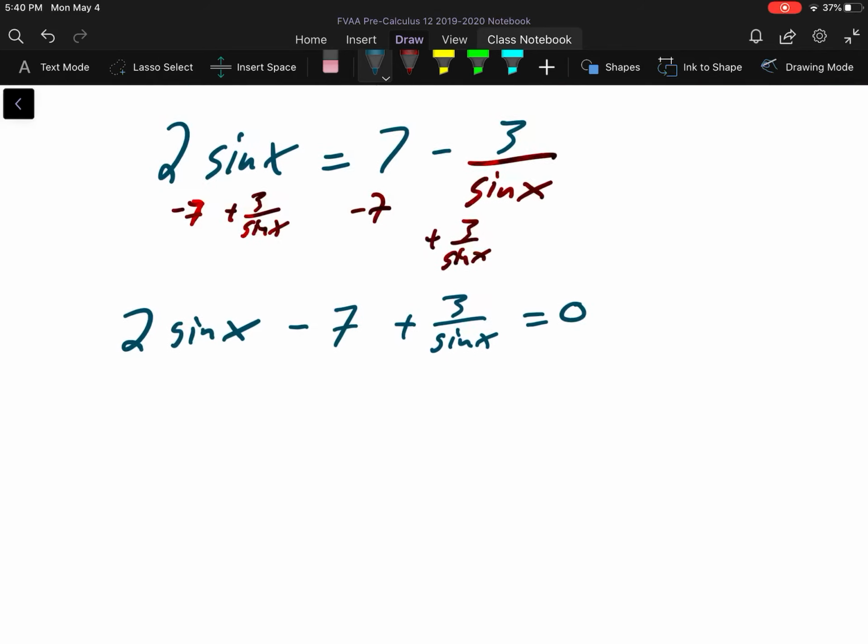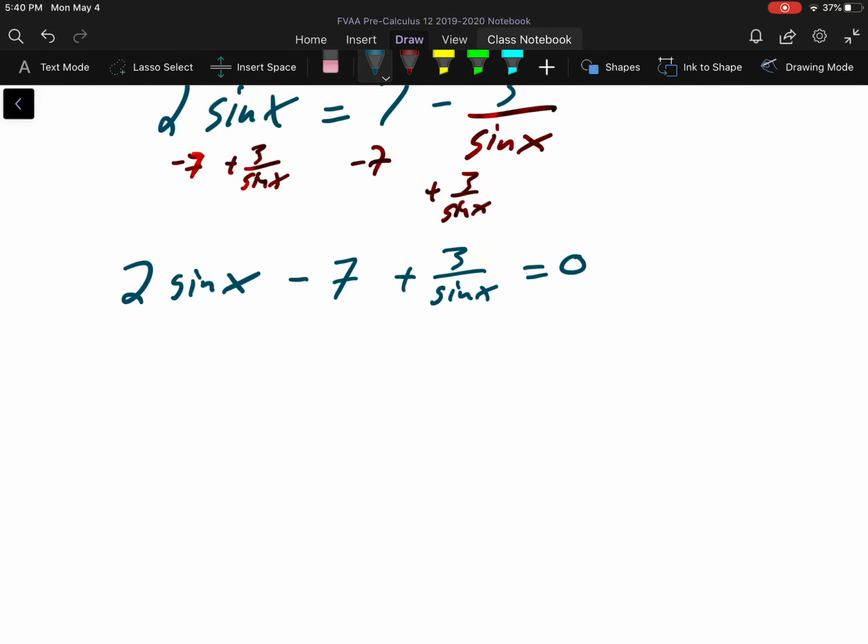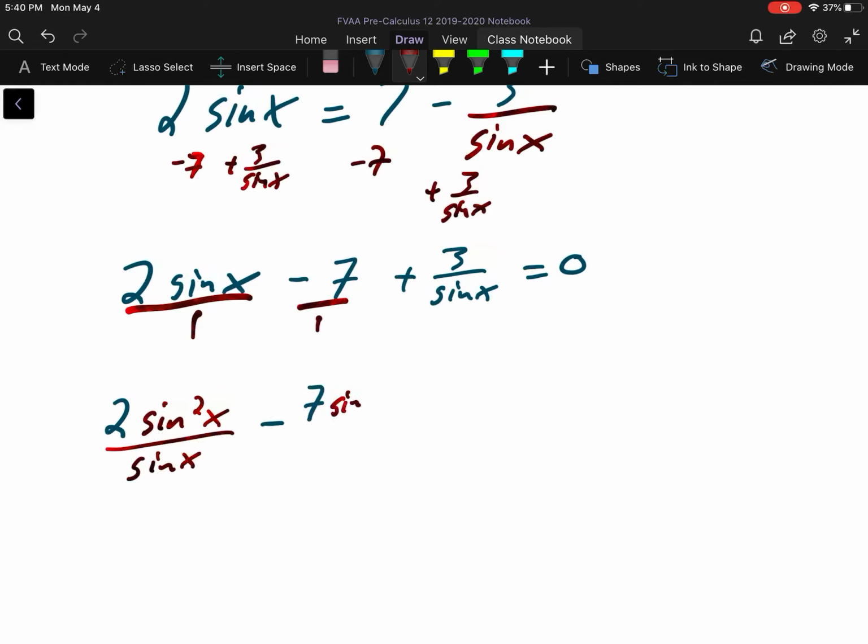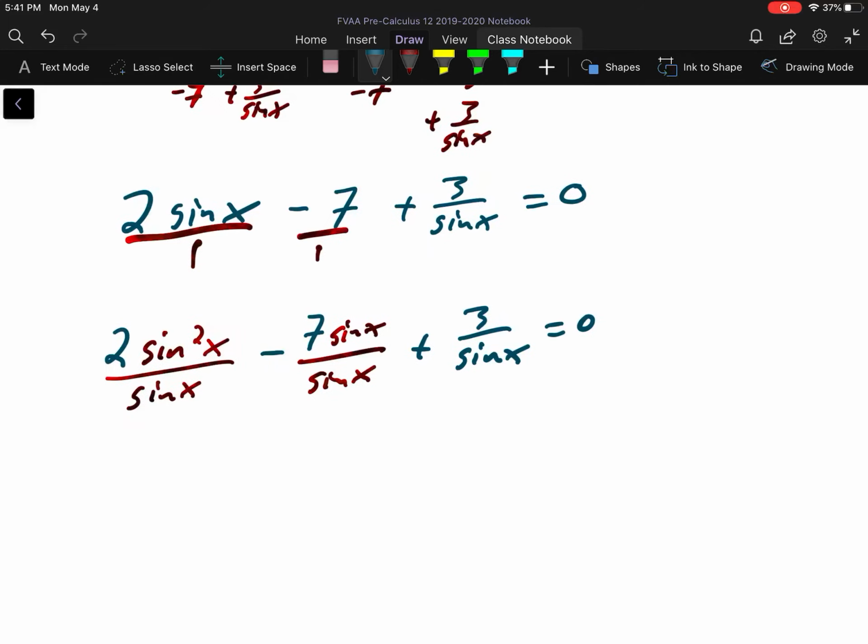These are over 1, so if I multiply sine x to the top and bottom of each of these, I'm going to get 2 sine squared x over sine x, and then minus 7 sine x over sine x, then plus 3 over sine x equals 0. Now I got some common denominators there.